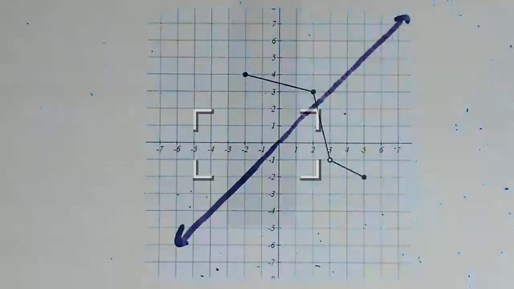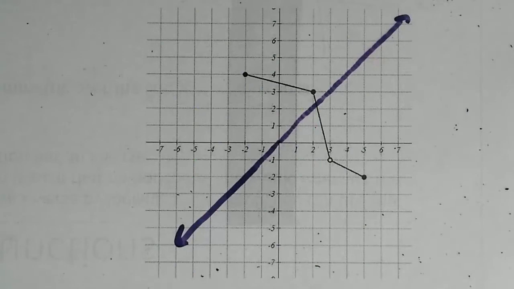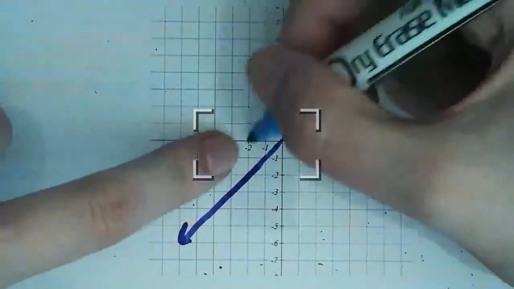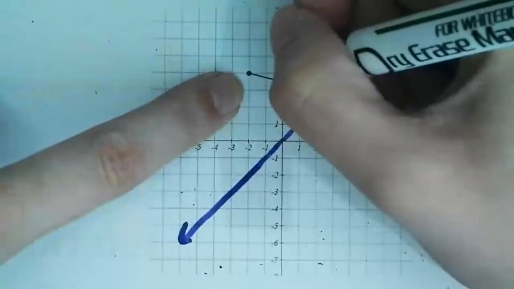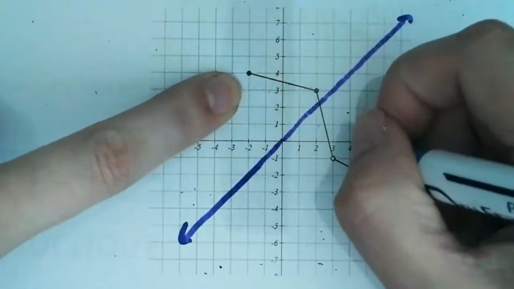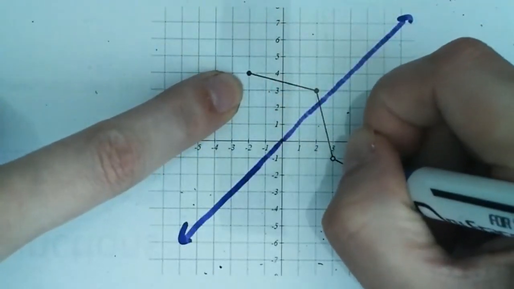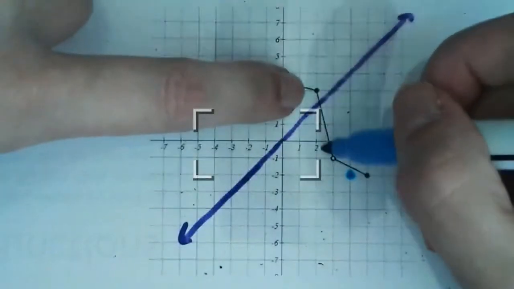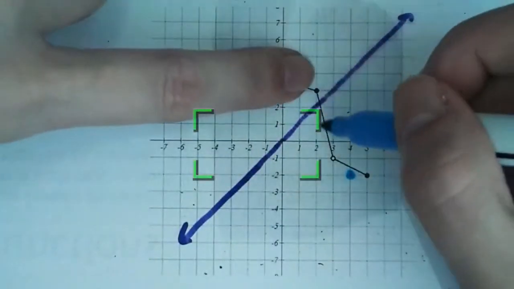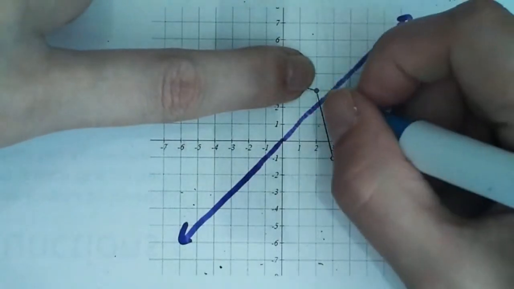So this point here, let's do it in a different color so it'll show up pretty well. This point here has coordinates -2, +4. So I need to go to +4, -2. And that's a closed circle. This point is at 2, 3. So I need to go to 3, 2.